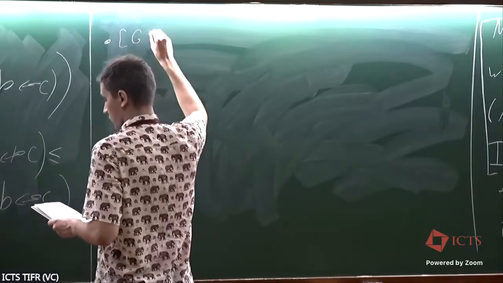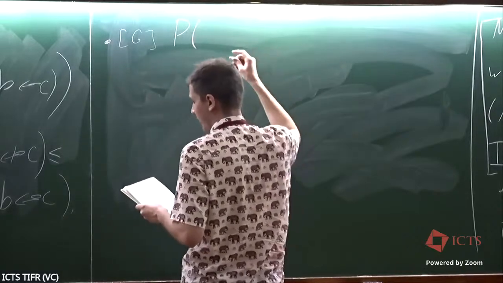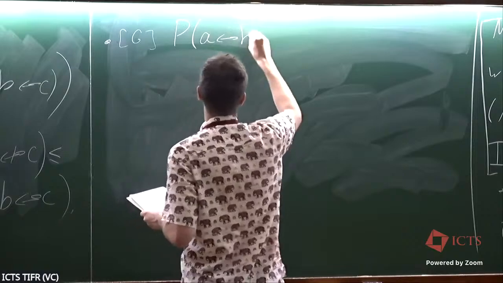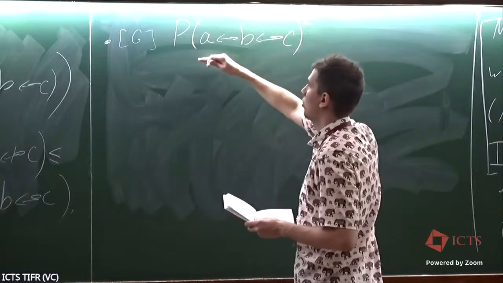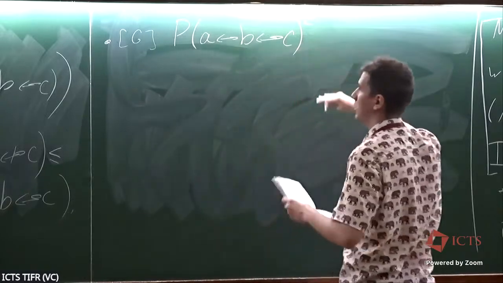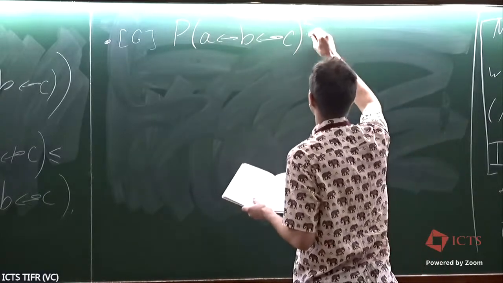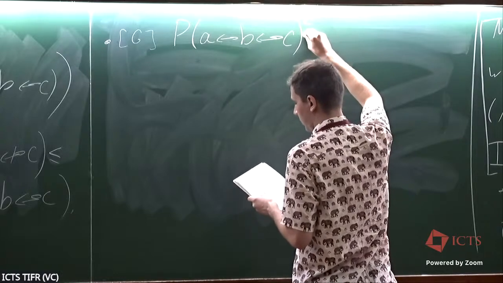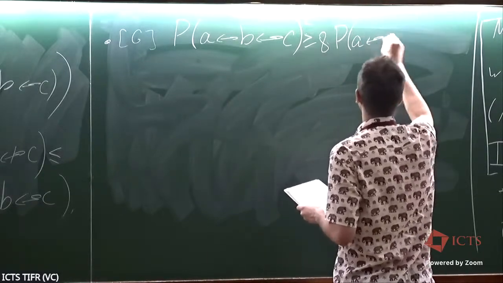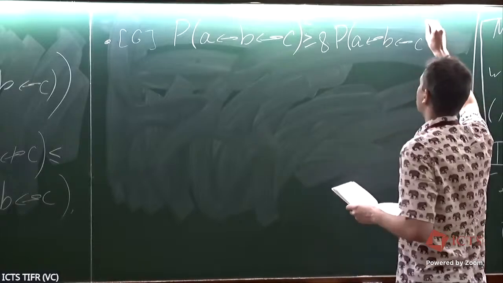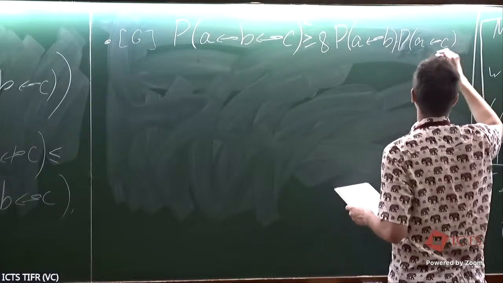Okay, and another inequality would be a very Shannon-like inequality. So a Shannon-like inequality would be the following. There you had twice the entropy of 3 variables. I take the connection probability of 3 vertices squared, and I claim that it will be greater or equal than 8 times the product of pairwise connection probabilities, 2-point functions.